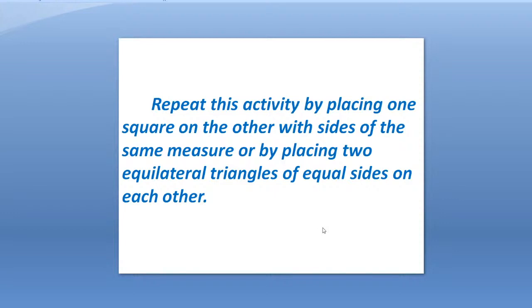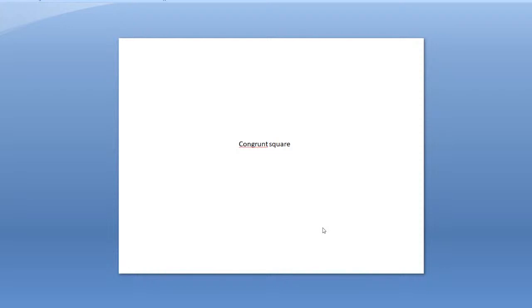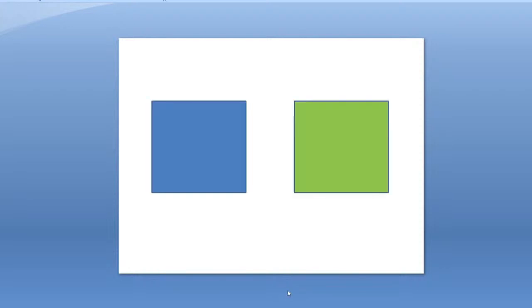Repeat this activity by placing one square on the other with sides of the same measure, or by placing two equilateral triangles of equal size on each other. See here, these both squares are congruent.